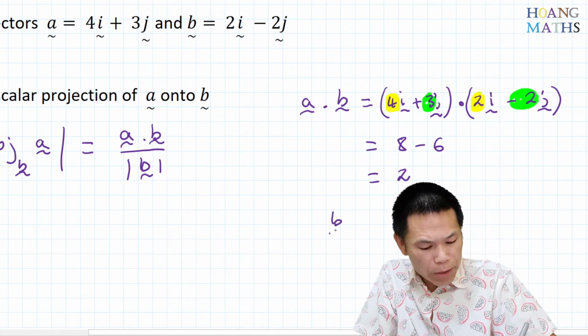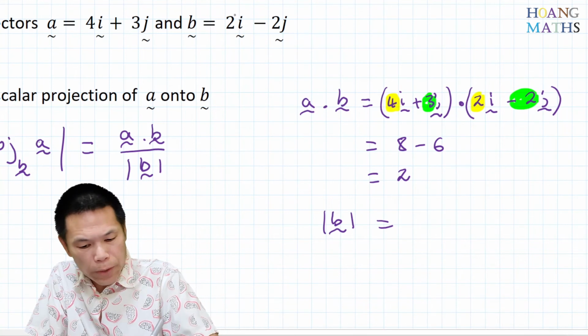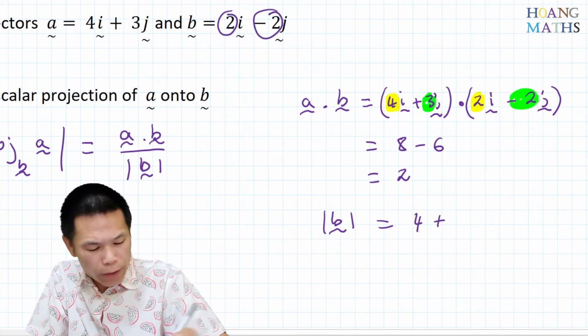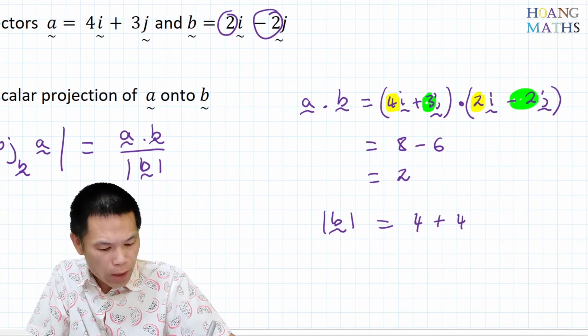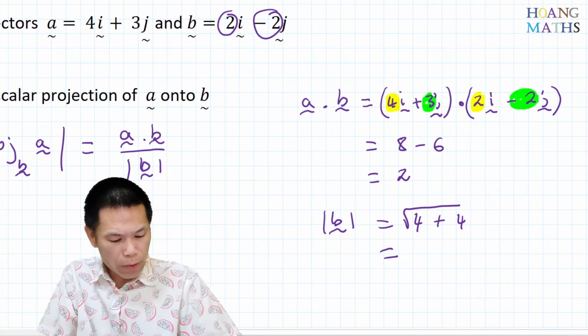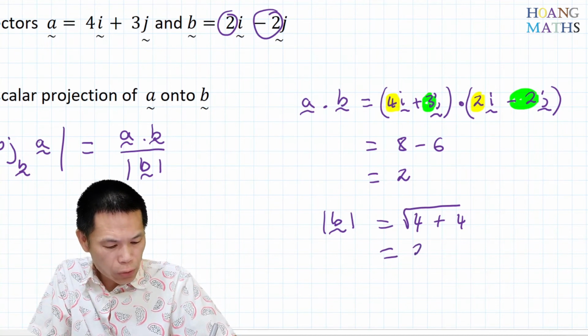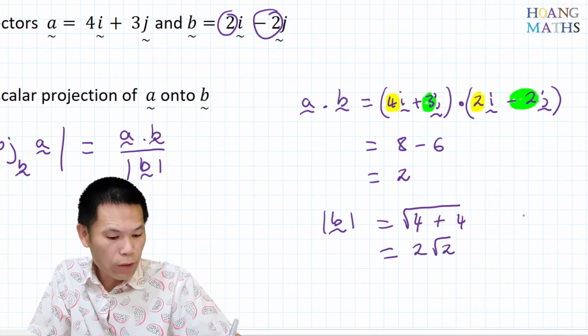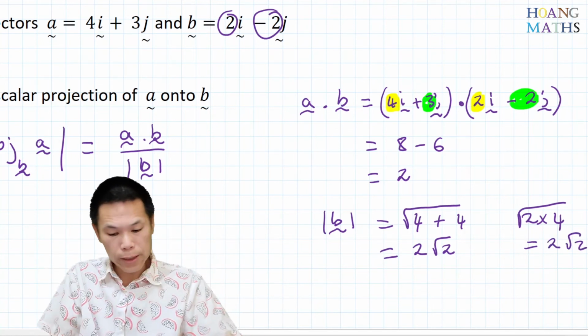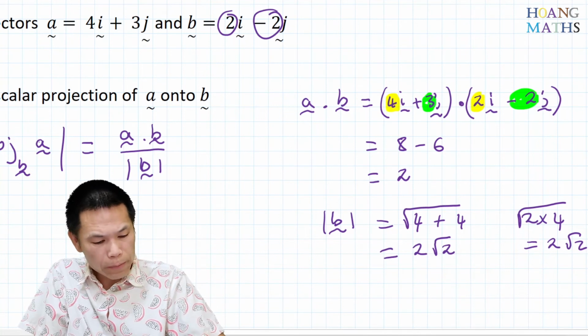The magnitude of B is equal to 2 squared, which is 4, plus negative 2 squared, which still gives me 4. We add them up, so that gives me 2 lots of 4, correct? So that is the square root of 8. If you're not sure, you can simplify: the square root of 4 is 2, so it is 2 root 2. Now I just substitute that in.